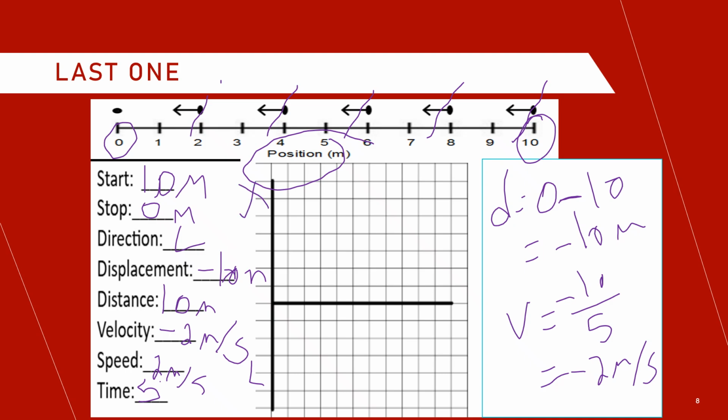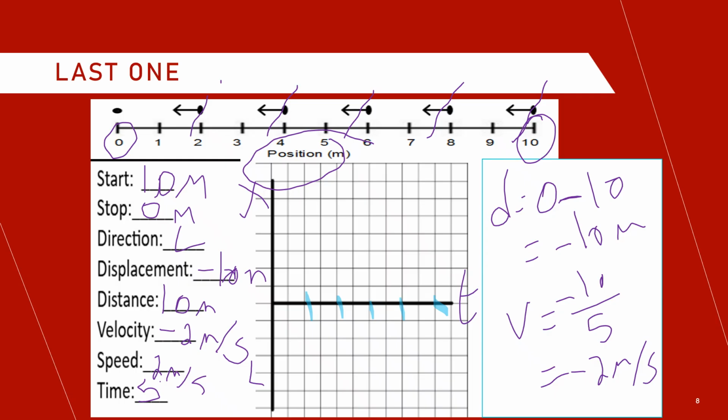Let's go ahead and do our position time. This is my position. This is my time. I have a total of 5 seconds. I am going to use these 1, 2, 3, 4, 5 seconds. And I am going to plot my points.